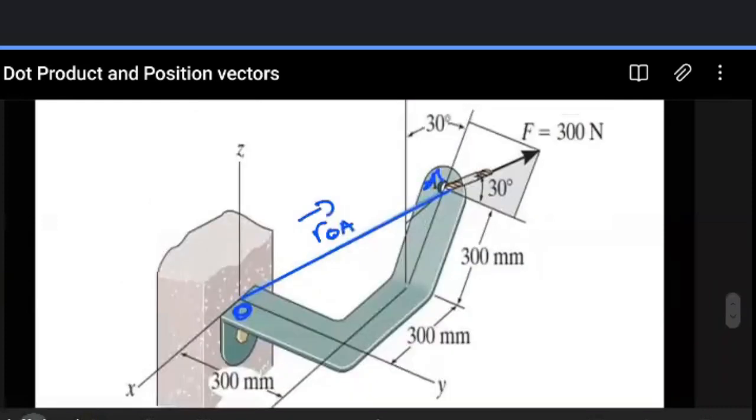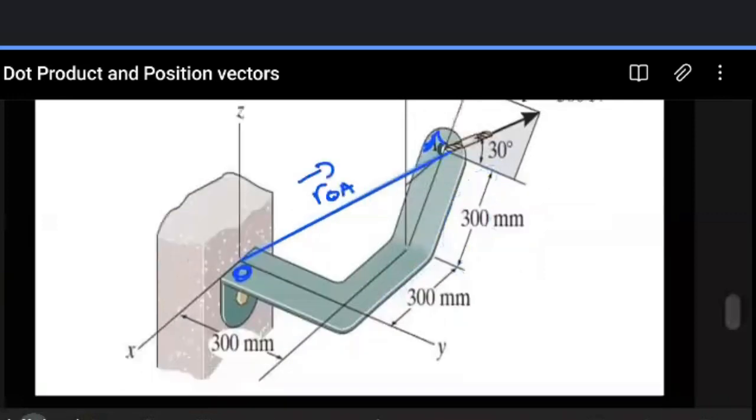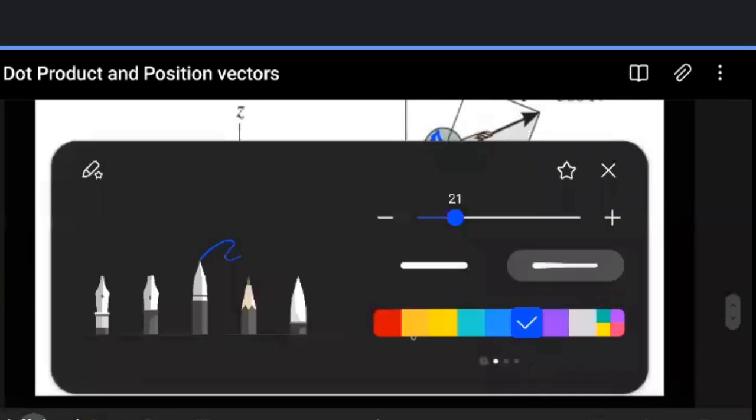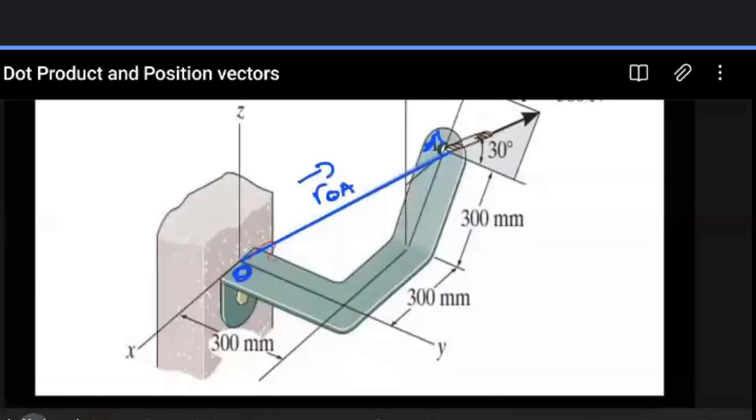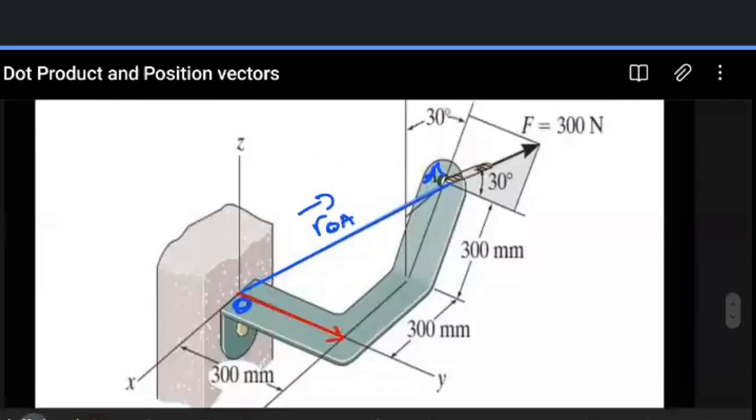But look at how it goes. Again, use as much of these lines as possible because they tell you when you're going up and when you're going down. In this case, to move from O to A, you move up to here. This is not in the x, this is in the y-axis. Then how about in the x-axis?